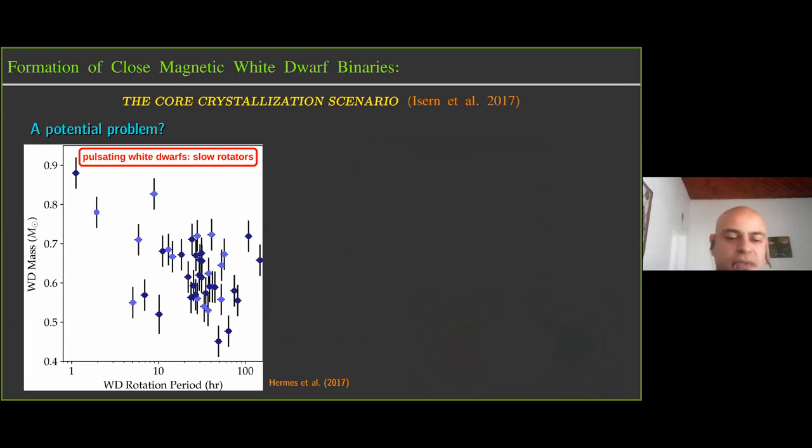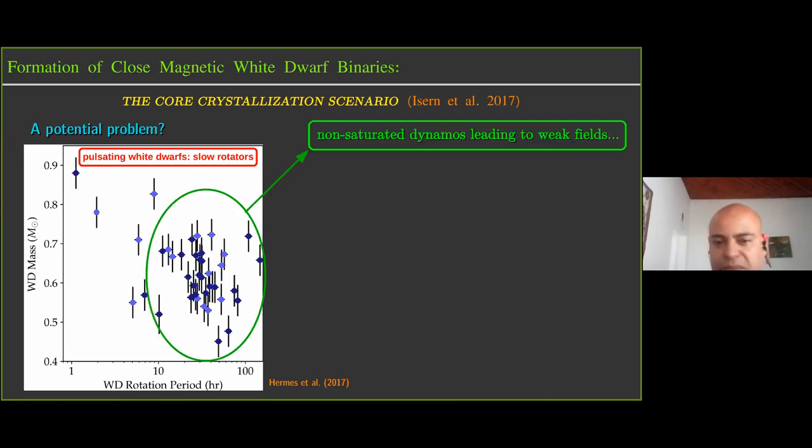Here's a plot showing the spin period against the mass, and we can see that most white dwarfs have spin periods longer than 1 day, and this could be even months or years. For this kind of spin periods, we expect only non-saturated dynamos leading to weak fields. So we could, in principle, not explain these 10 megagauss or even stronger magnetic fields in this population.